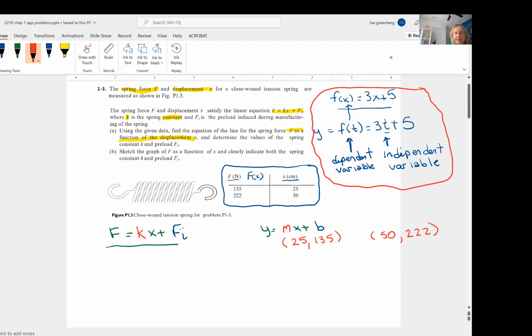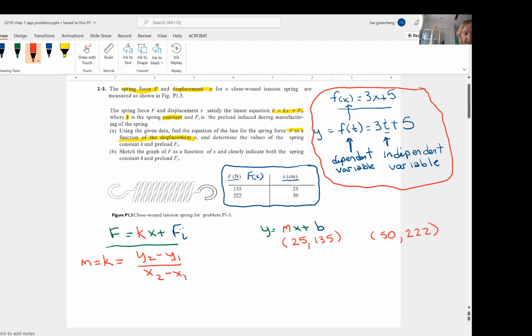So I have 2 points. That's all I need to find the slope. So now I can find the slope. I can say m, which is equal to k for the equation that we're looking for, is equal to y2 minus y1 over x2 minus x1, right? Rise over run.